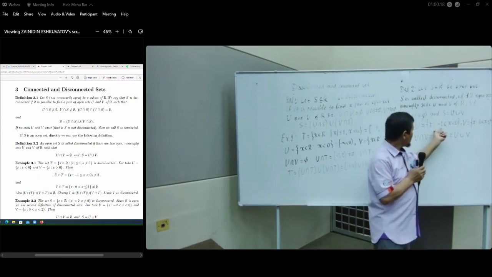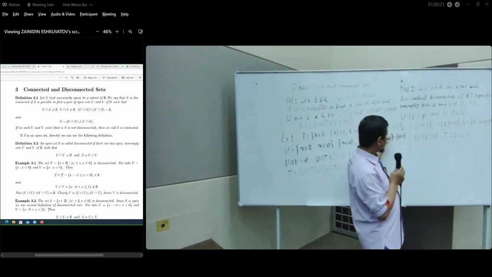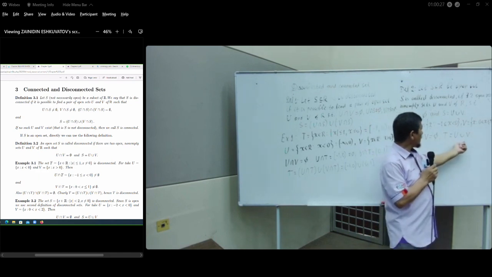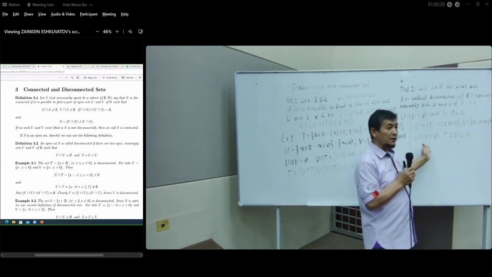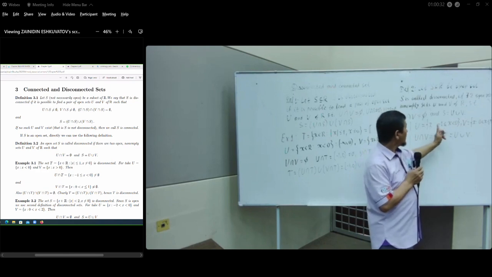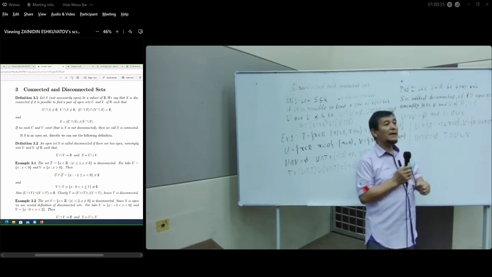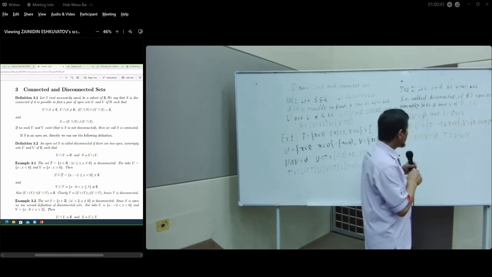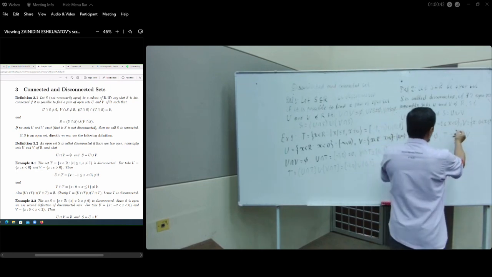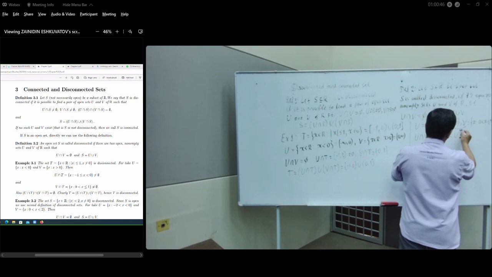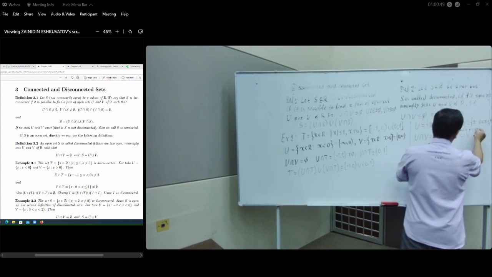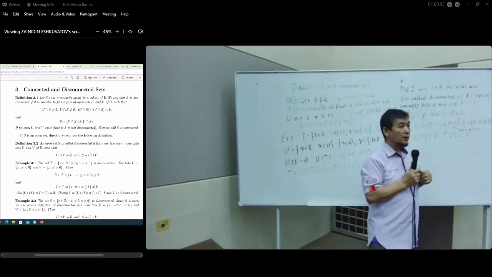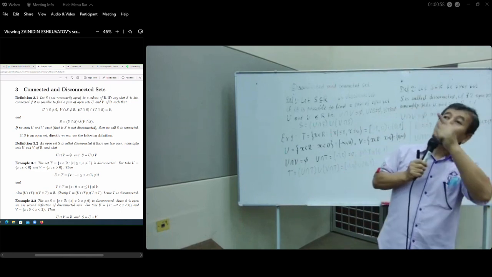And if I choose like this, you see the first part, this is the second part, then they are disjoint, and U union V gives the T. Then it is okay. But you see, the second definition is not applicable for this example because this one is not open. Okay, so please pay attention. So U and V are not open here. If not open, yes, we can use this definition. Because the definition says it must be open.